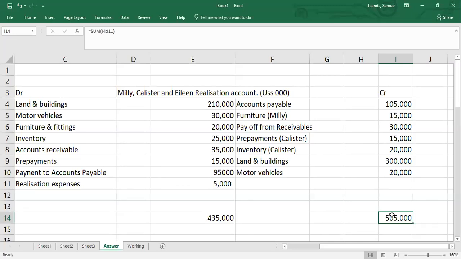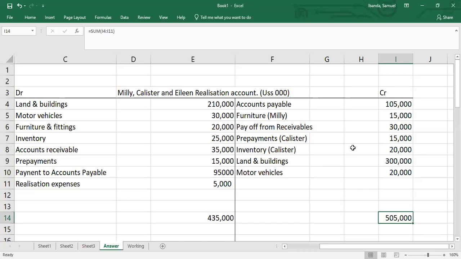If your credit side is bigger than your debit side, it means that you have a profit on realization, just like the way we have here. But if this side was higher than this side, then you have a loss on realization. I don't know if you get the picture.